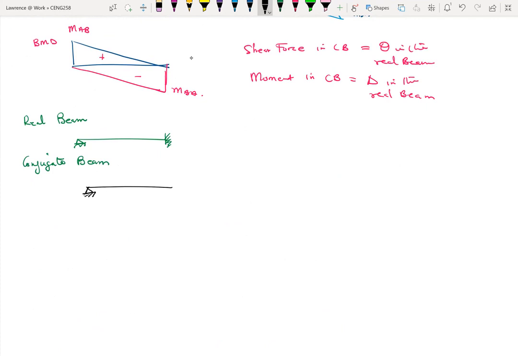Okay. If the end is a fixed support in the real beam, it becomes a free end in the conjugate beam. All right.